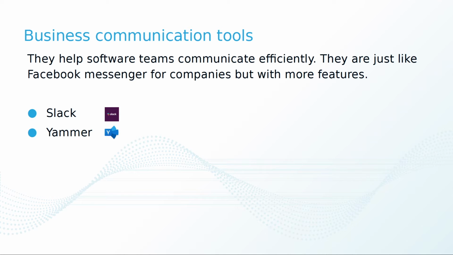But to communicate within the group, they normally use something more professional and more separated from other social media platforms. That's why they use tools like either Slack or Yammer. Slack has more integration features with other project management software than Yammer, and Yammer is developed by Microsoft. So these two tools are the business communication tools that programmers are using.